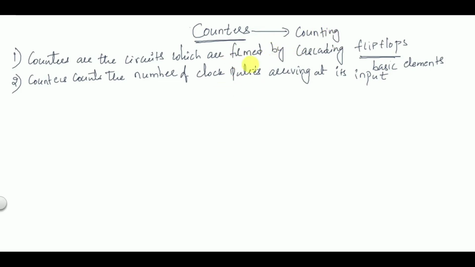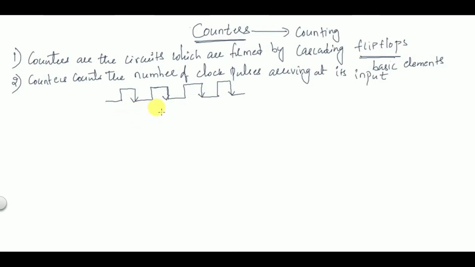So how it performs the counting operation is, suppose the counter is made up of negative edge triggered flip-flops. Upon the application of each negative clock pulse, the counter counts the value.